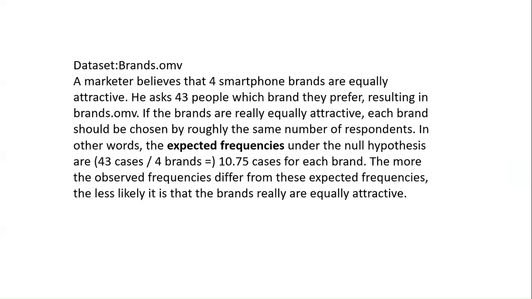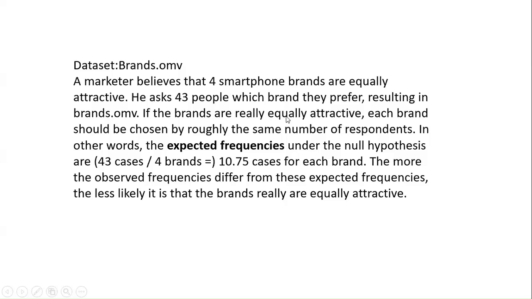Now I am taking the next example of brands. I will do a demonstration using this example. A marketer believes that four smartphone brands are equally attractive. He asks 43 people which brand they prefer, resulting in this data set.